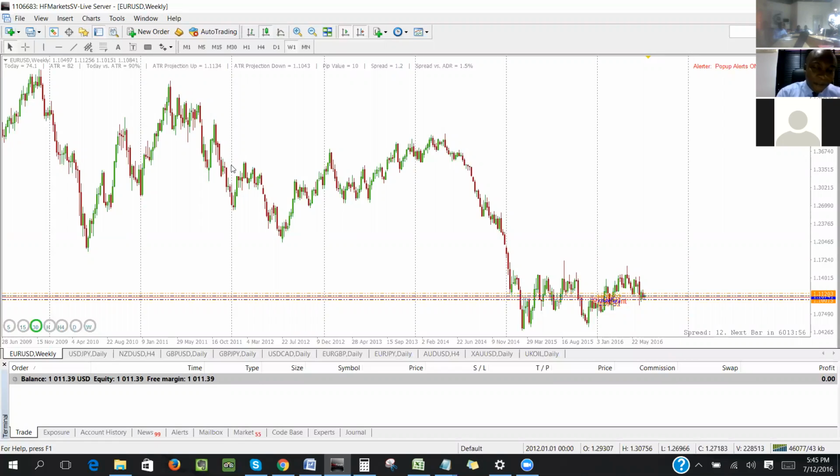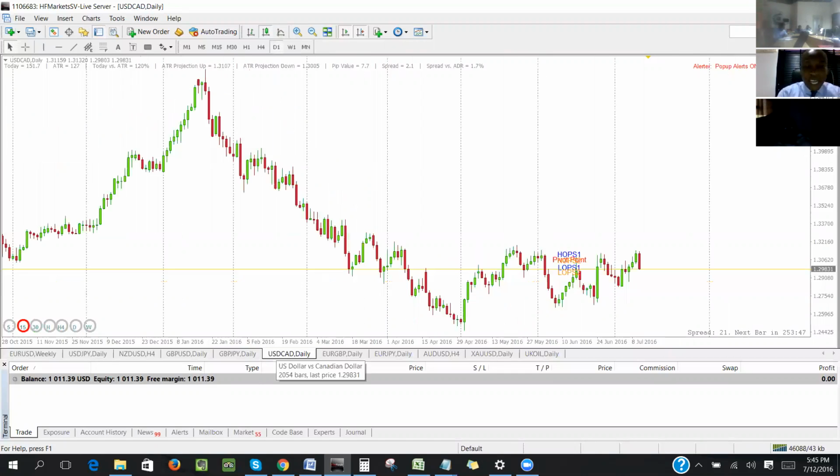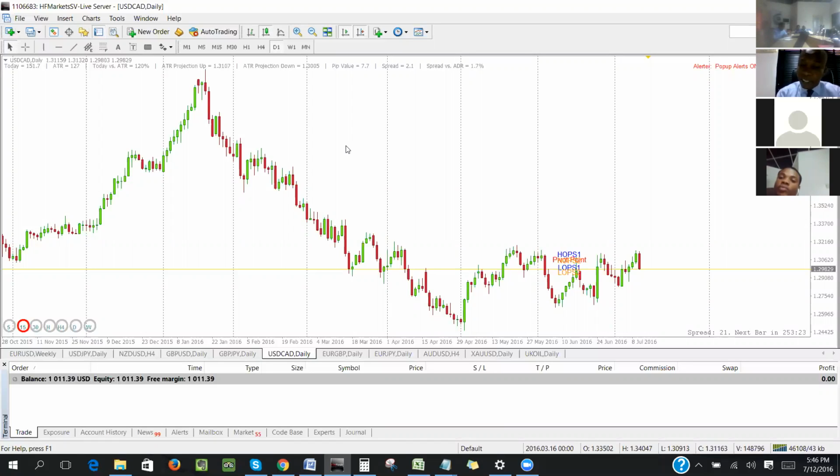Yes. Okay, good. We're looking at Euro USD right now, and I'm looking at the weekly time frame. You can also look at USD CAD on the daily time frame. Okay, this is USD CAD on the daily time frame. I try to do my analysis from the weekly time frame, because I'm a long-term trader, and mostly I trade support and resistance levels.